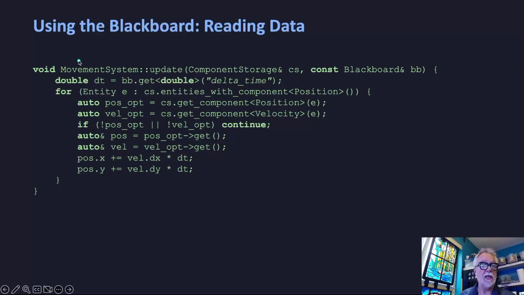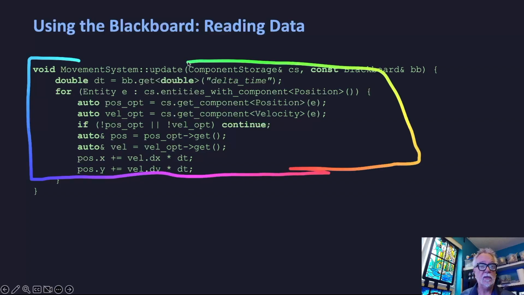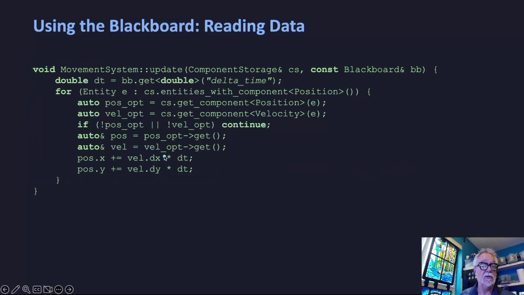Now, notice that this movement system didn't care about keyboard. Something else set this value here, right? Let's say that if we press the up button, this would be 0 and this would be 1, then this would move the object in the up direction. If I had pushed the down button, then this would be -1, so then this would decrease.